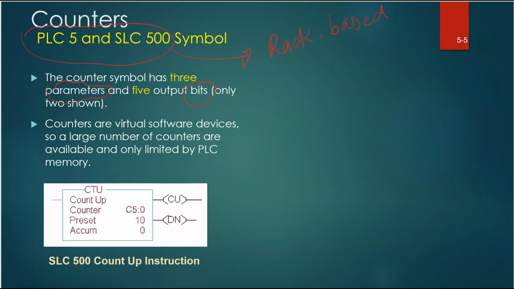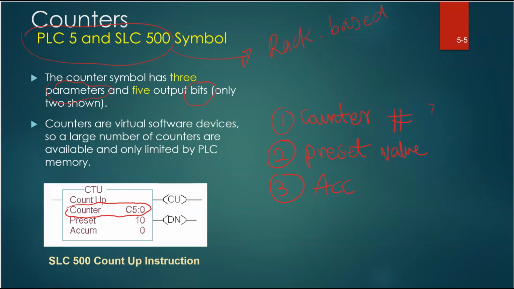The first one is the counter number. The second one is going to be your preset value. And the third one is your accumulator value.